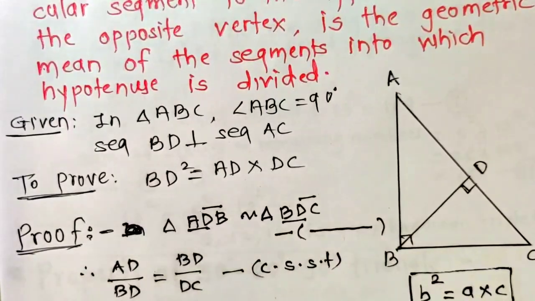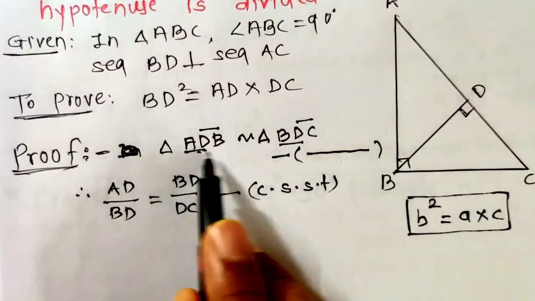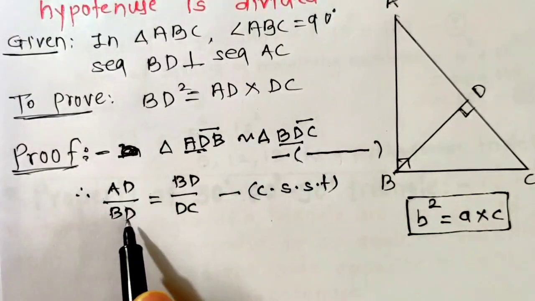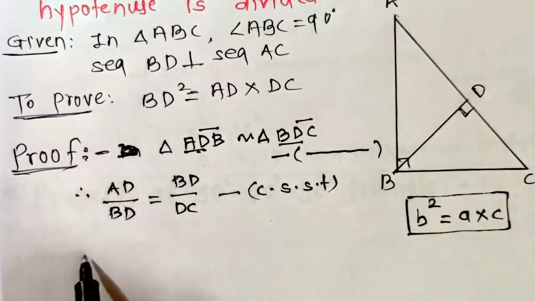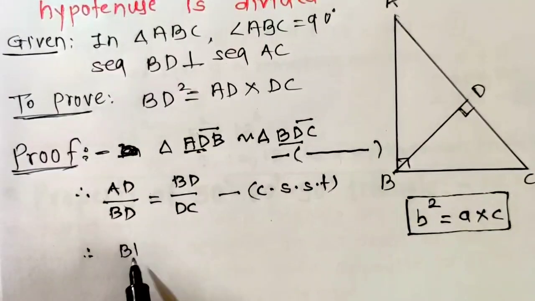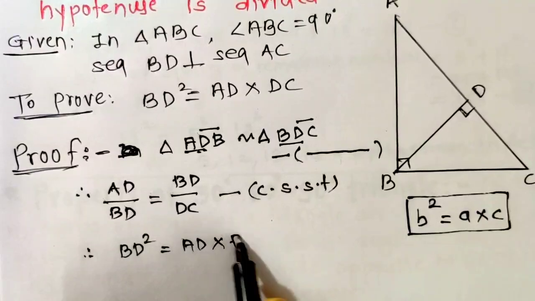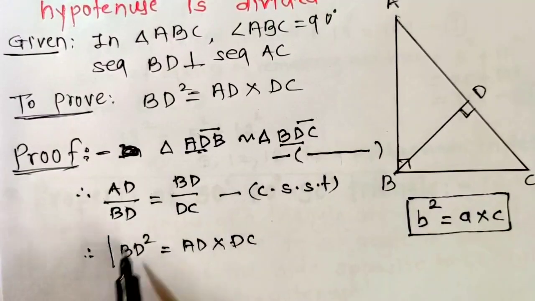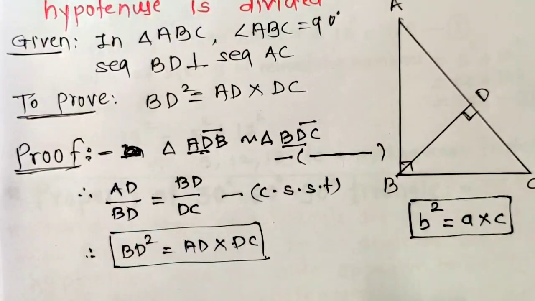By cross multiplication, we get BD square is equal to AD into DC. So this statement is easily proved, and we have to use that while solving the sums.